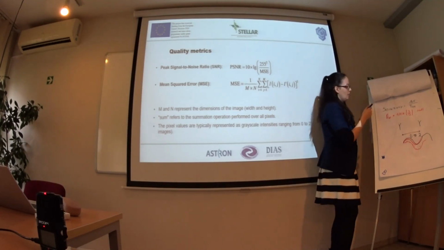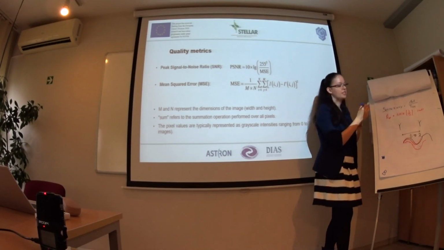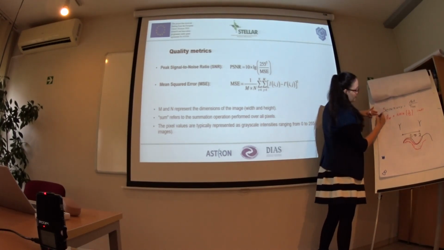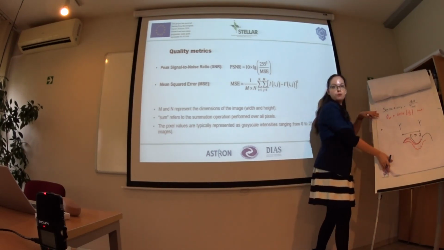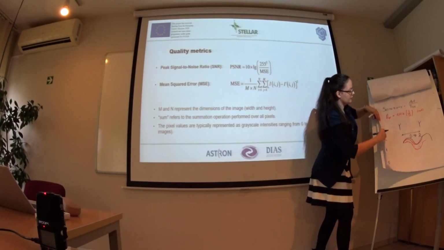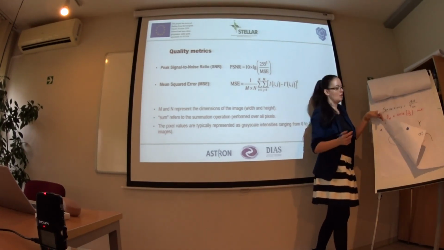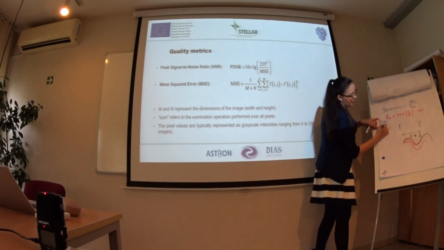Which means we need to obtain a positive value. For example, if I have 5 in the original image, and after the processing I obtain 7, the difference between them will be 5 minus 7, which will give us minus 2.